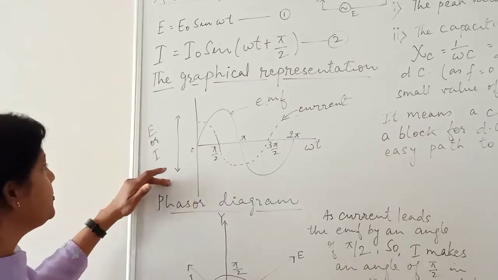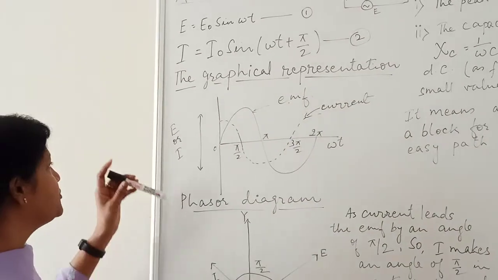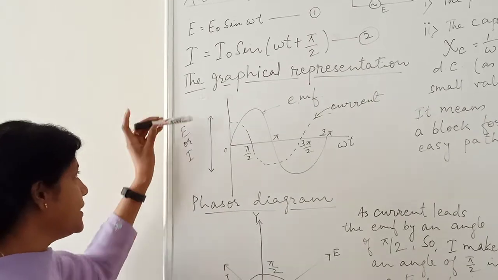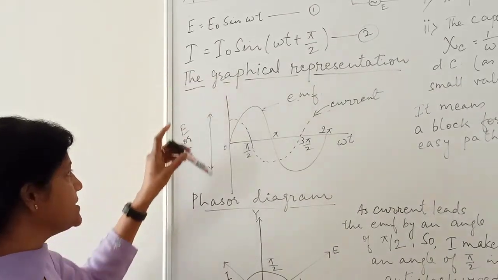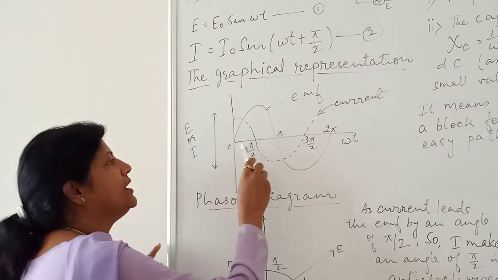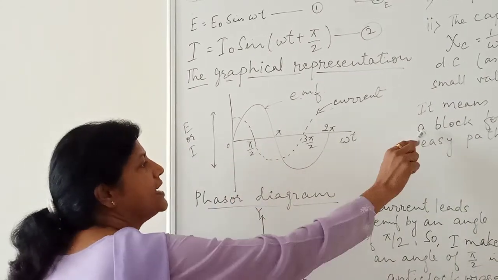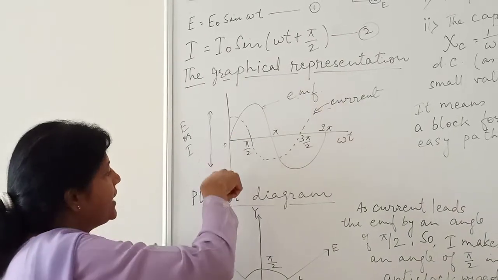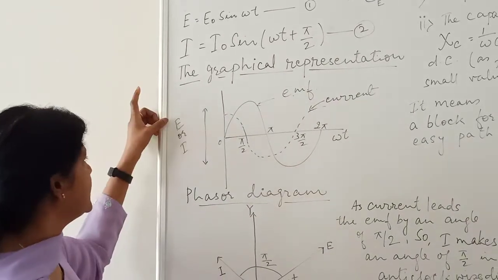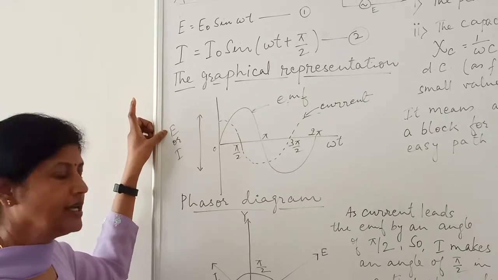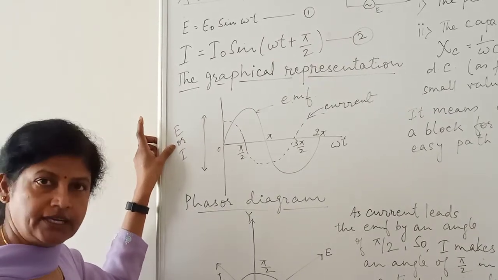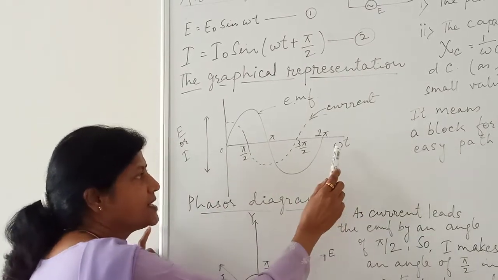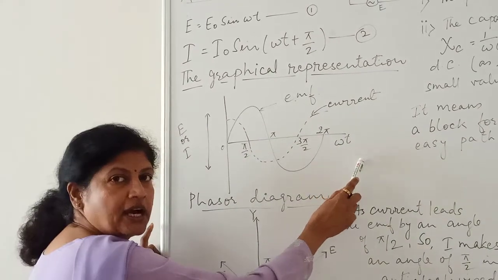Here we are plotting a graph between EMF or current on the y-axis and omega t on the x-axis.